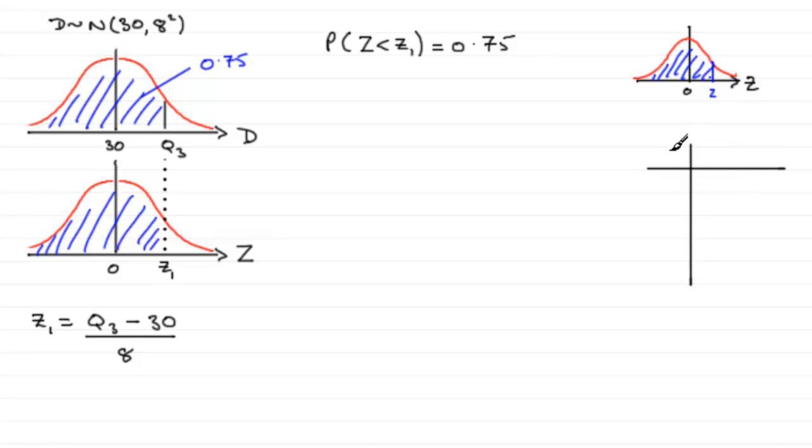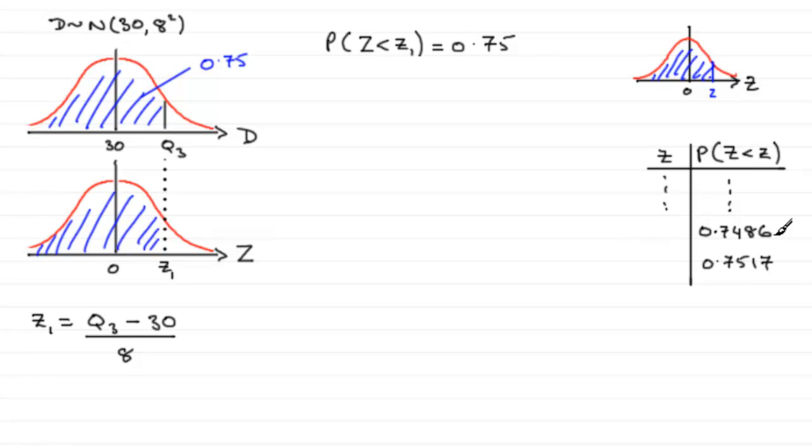So if I just draw you an excerpt of those tables again, we're going to have the two columns, Z and the probability that Z is less than Z. And what we're looking for is to get, in this column here, this area to represent that probability to be as close as we can to 0.75. Now in the tables I was looking in, I found 0.7486, and I also found below that 0.7517.